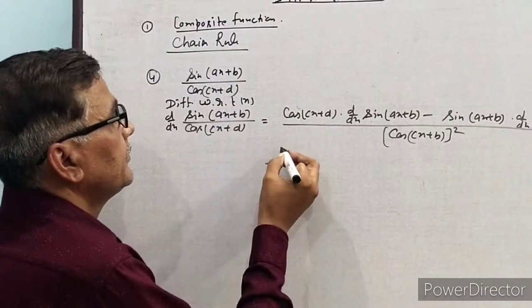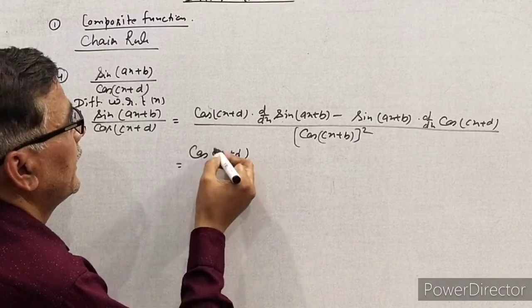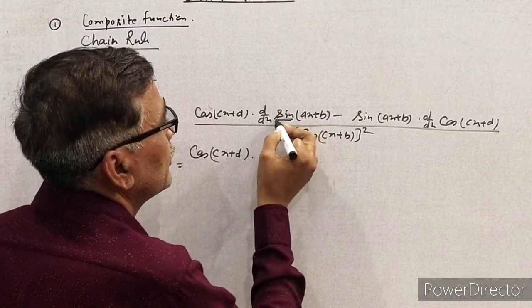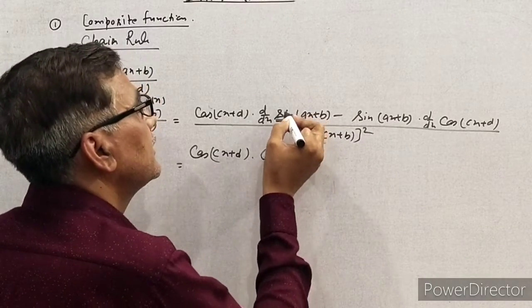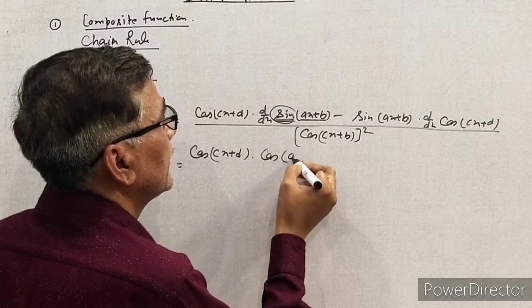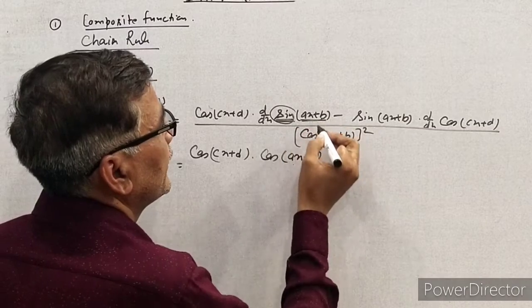Just see here, write the cos cx plus d as it is, and now differentiate this one. First we have to differentiate sine, and the derivative of sine is cos. When sine is differentiated, this ax plus b is considered as x. Then differentiate ax plus b.